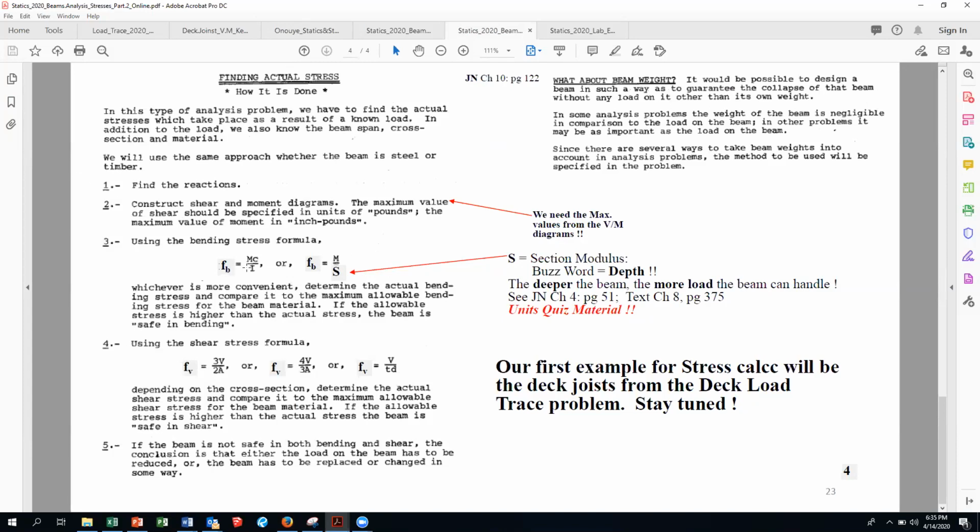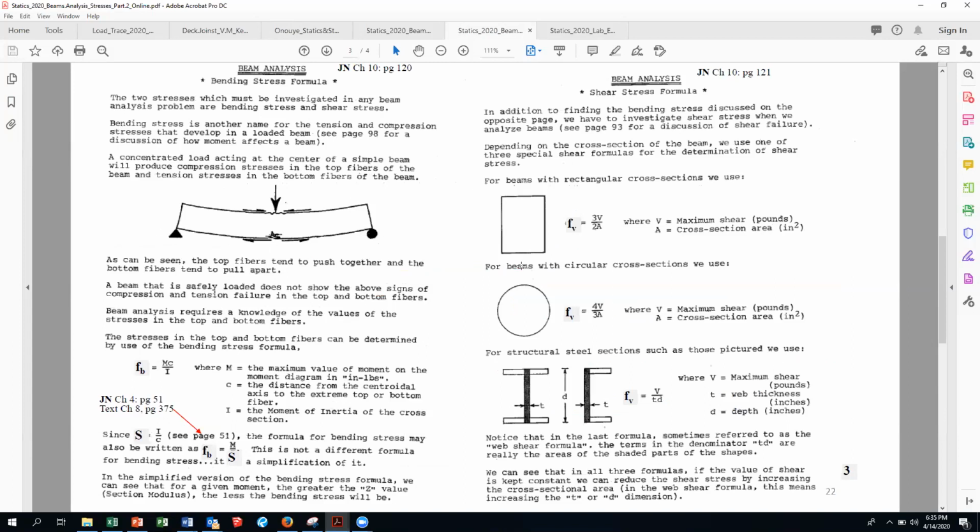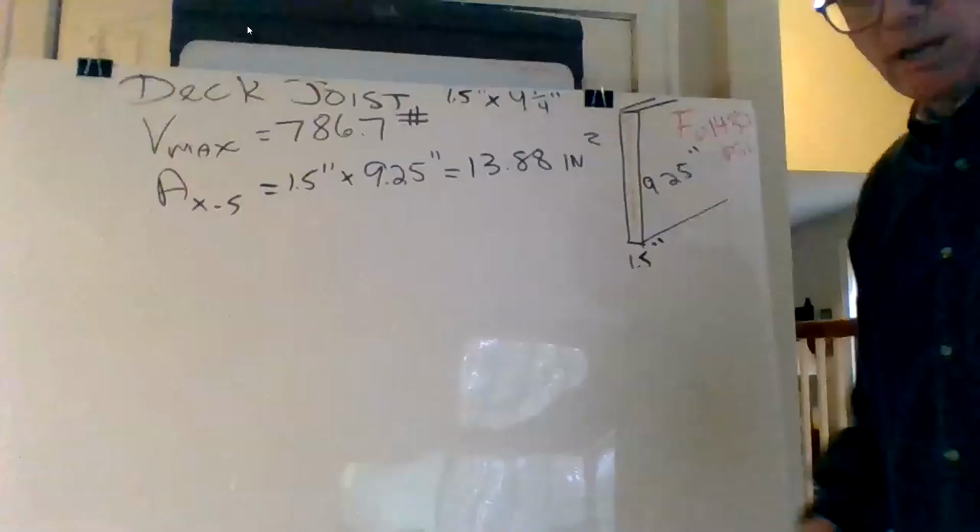So let's start doing that. And yeah, here it is over here. So this is S, big S is section modulus. Buzzword is depth. So we're going to share the screen with the camera. We're going to go back to our calcs.